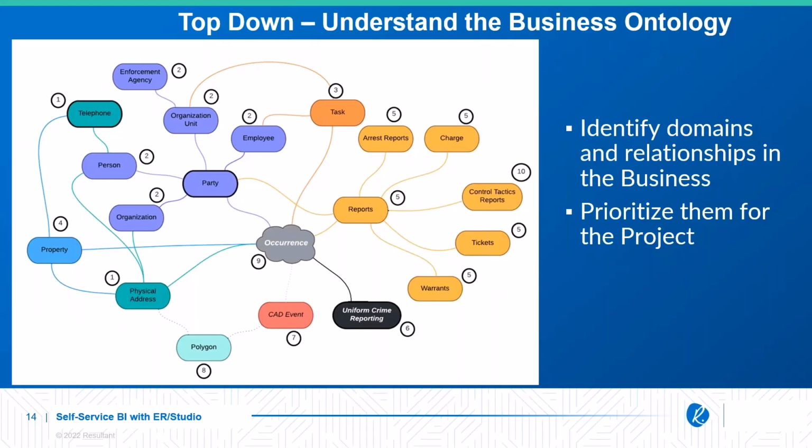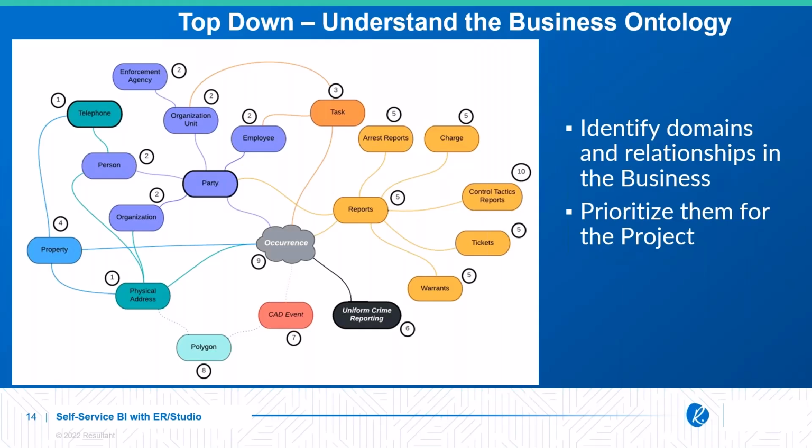So then let's jump down into what I mean by ontology. You should be able to figure out the ontology within days if you get the right people in the room. This is an example from a law enforcement company that we built a data warehouse for.